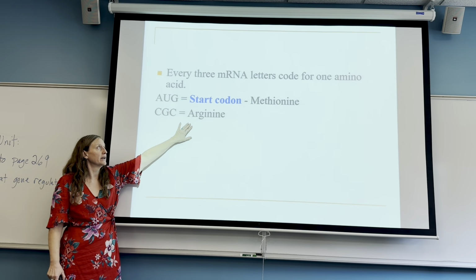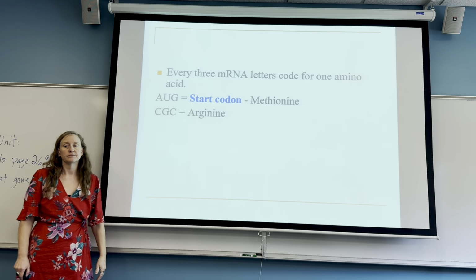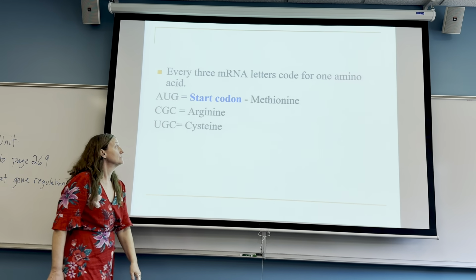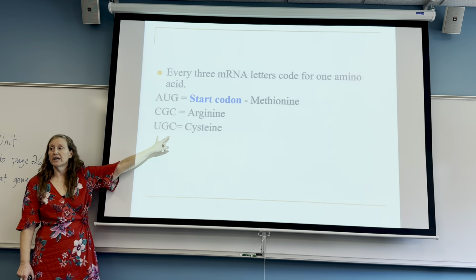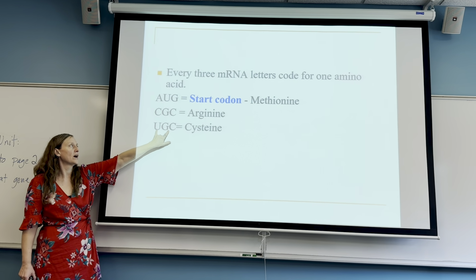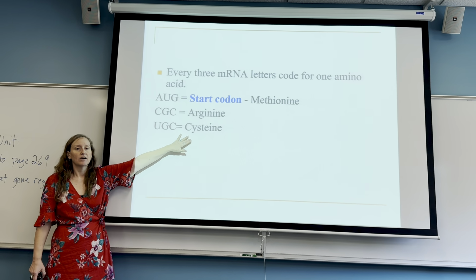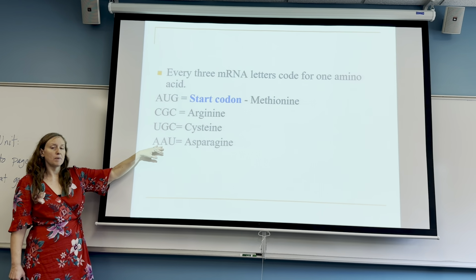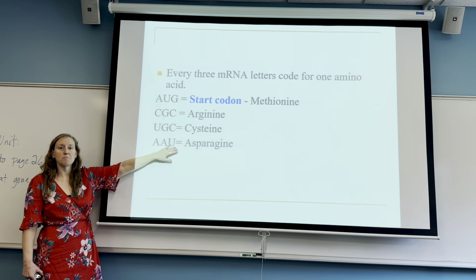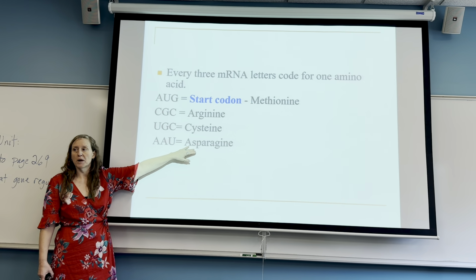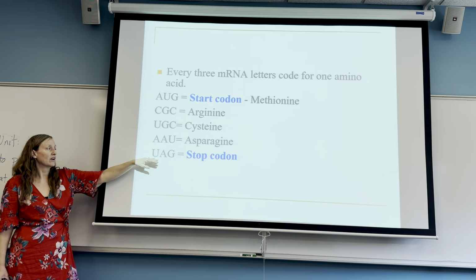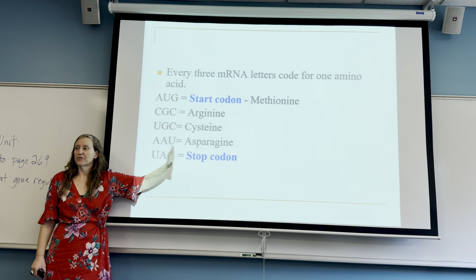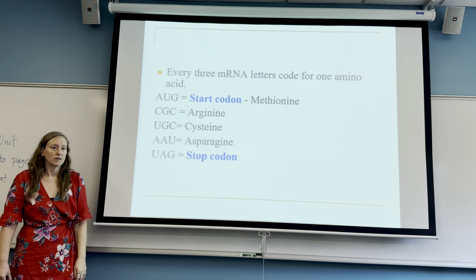I look them up and I get arginine. These are all different kinds of amino acids. The next 3 mRNA codons, UGC, code for cysteine. When I look up AAU, our next 3, I get asparagine. And when I get to the end, UAG codes for a stop codon.